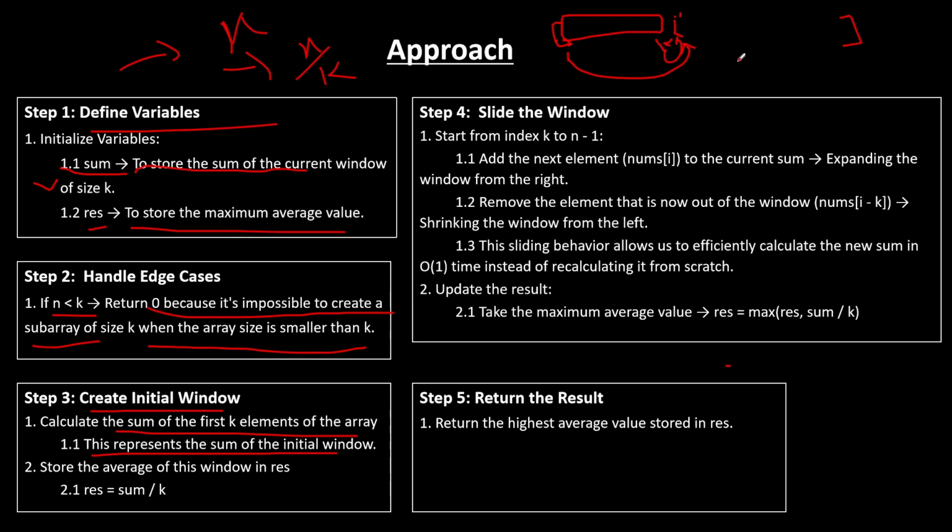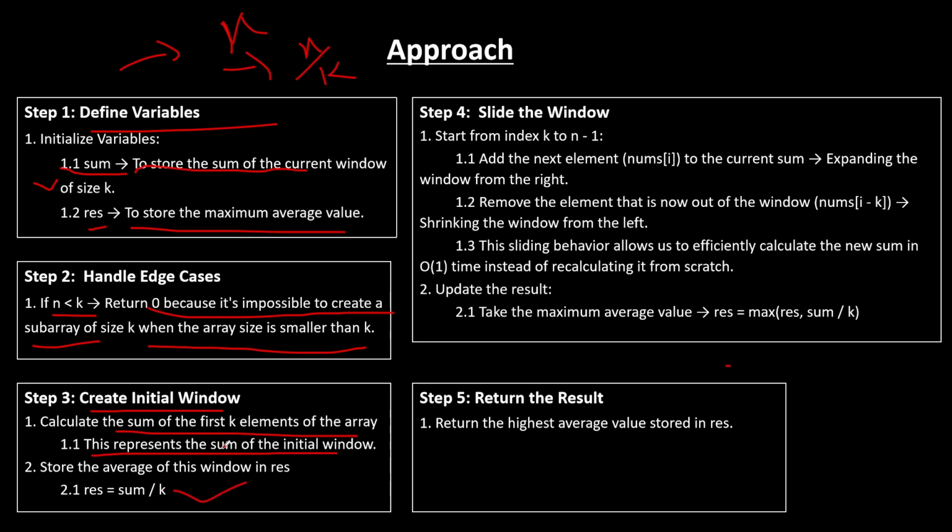So this becomes a hideous task. You would otherwise have to take two pointers, one starting from 0 and the other starting from k. It becomes a tedious task to do. So rather than that, by calculating the k size window sum and average beforehand, we get the edge to start from the kth index. I will explain that more clearly in our dry run part. I hope you understand why I did this.